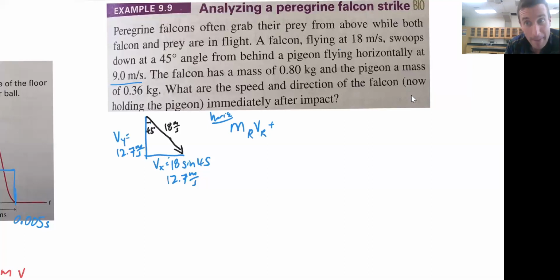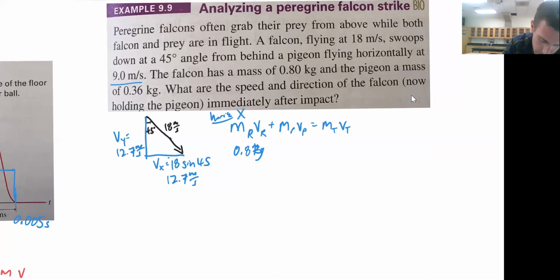So the mass of the raptor times the velocity of the raptor plus the mass of the pigeon times the velocity of the pigeon will equal the total mass times the total velocity after they are caught. Okay, so the mass of the raptor is 0.8 kilograms times its velocity. So this is just the horizontal component, right?